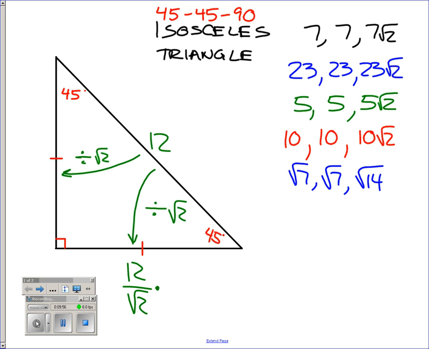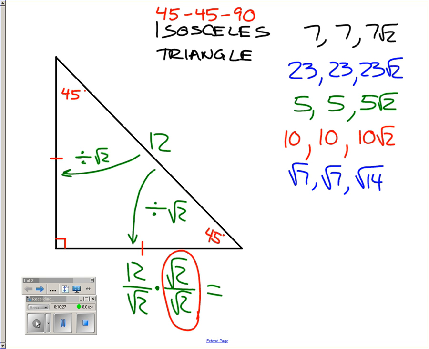So I'm going to do that in the denominator, and if I do it in the denominator, I've also got to do it in the numerator. This number, root 2 divided by root 2, is equal to 1. So we're multiplying 12 divided by root 2 just by 1. So the value stays the same, but the form is going to be just a little bit different.